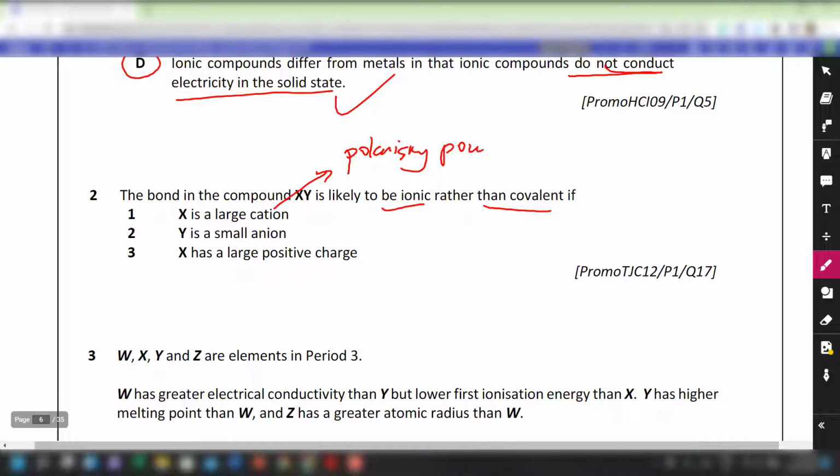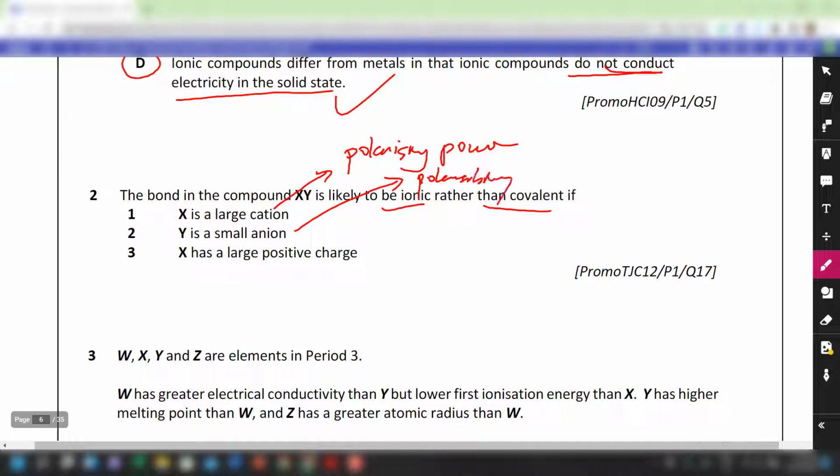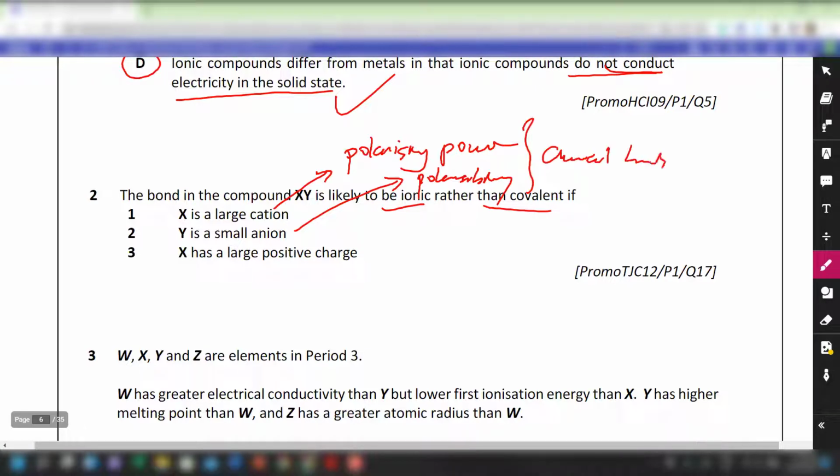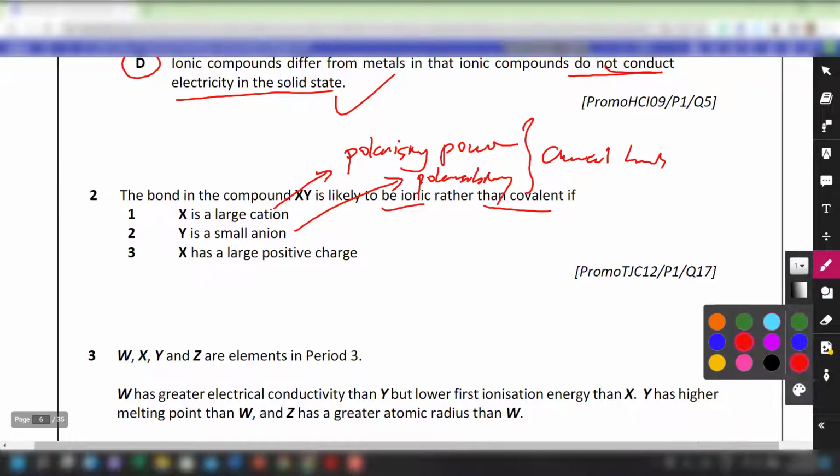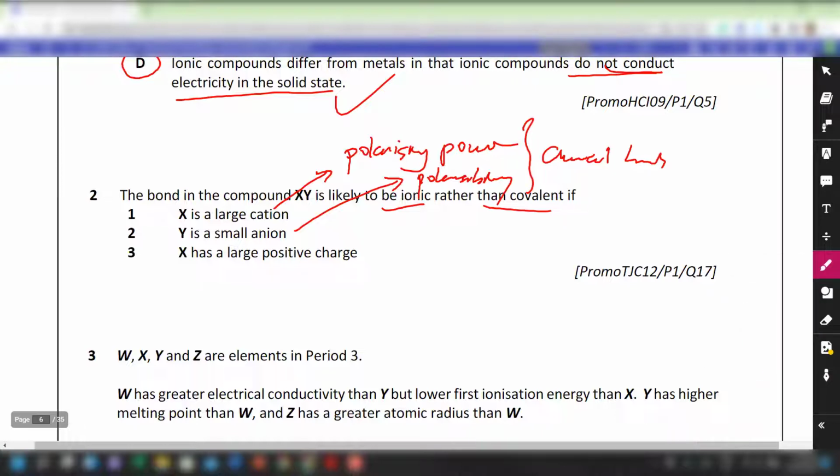And anions are associated with the idea known as polarizability. If you do not know what I'm talking about, please go and revise these two terms under chemical bonding. So cation is only associated with the term polarizing power.